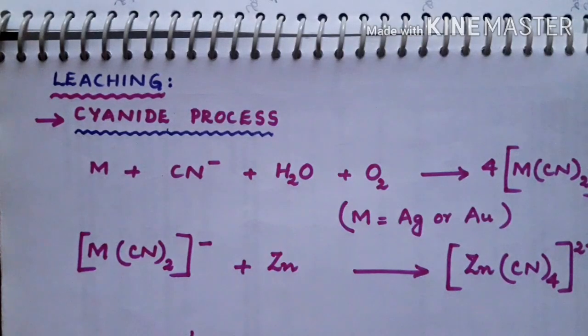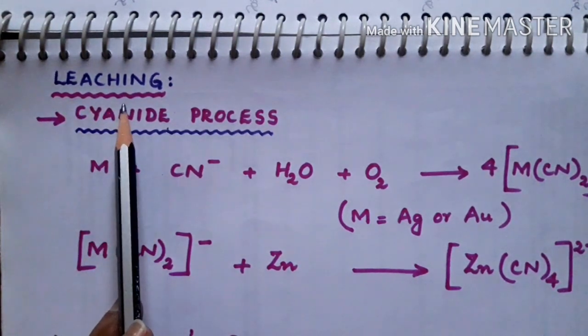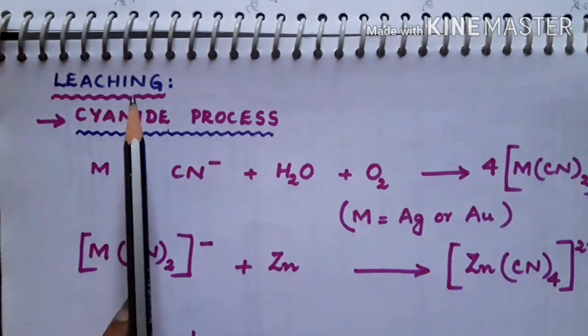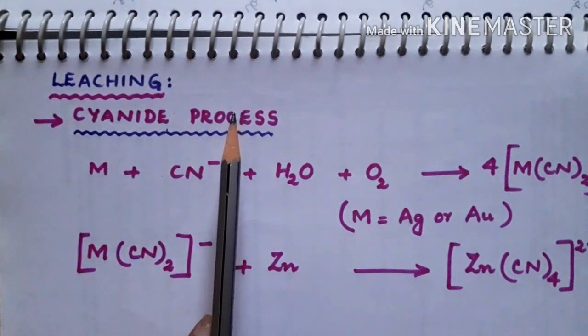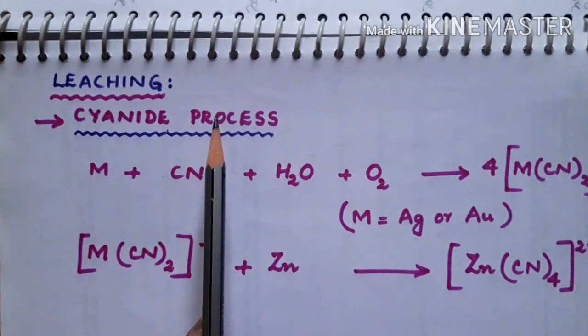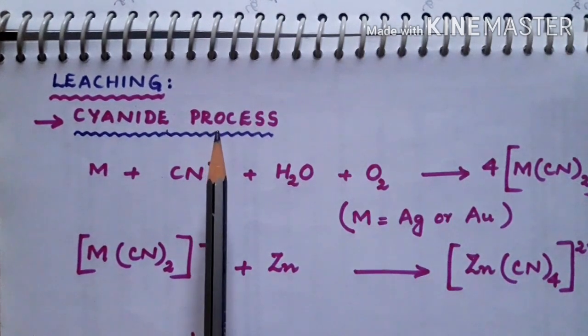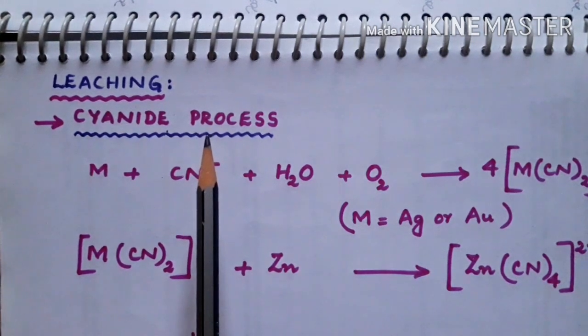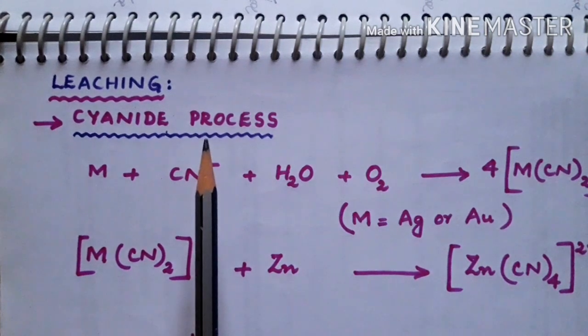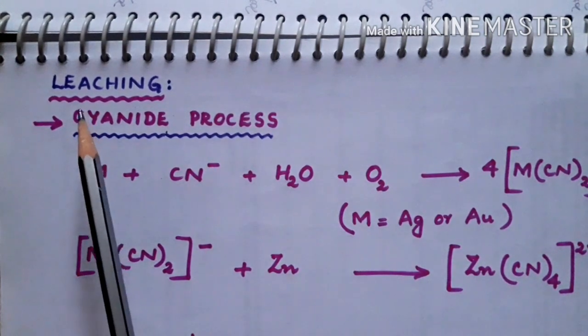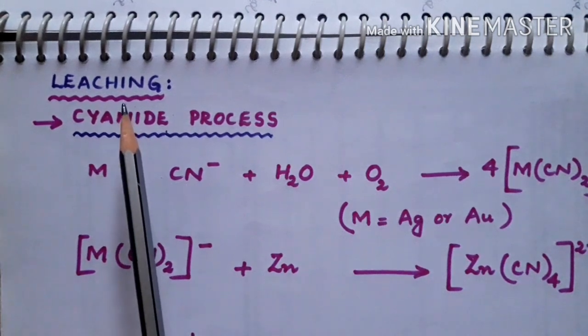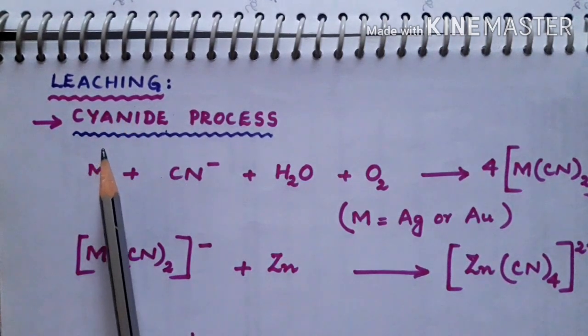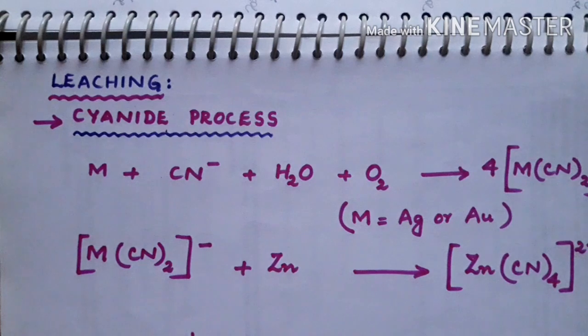The last method of concentration is known as leaching. Chemically, leaching means chemical washing. In order to concentrate a particular type of ore, if you choose a suitable reagent in which only the ore particles get dissolved and not the gangue, that process is known as leaching. Leaching can be done for noble metals as well as aluminium.